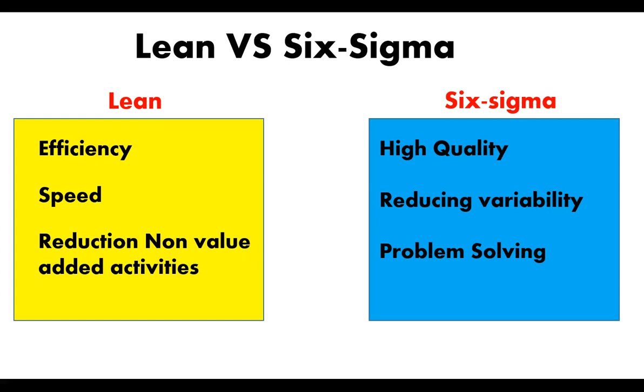And I'm going to just say it for the sake of simplicity, in a manufacturing environment. So Six Sigma is more about quality, variability, you could think of that as performance, as well as it's heavily into the scientific method, or what Six Sigma calls the DMAIC process, which is based off of the scientific method. So root cause analysis and problem solving. So that's sort of the tendencies of both Lean and Six Sigma.